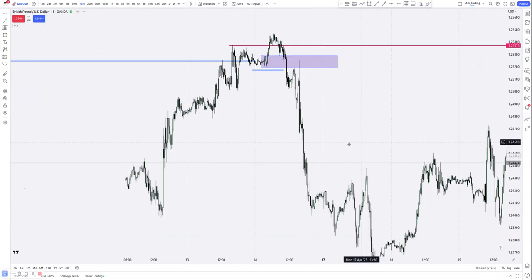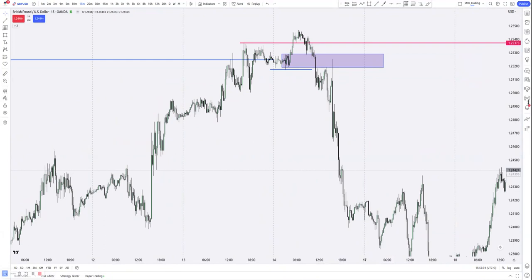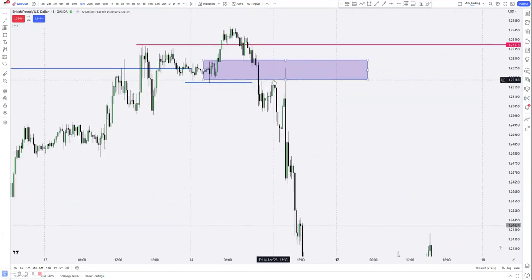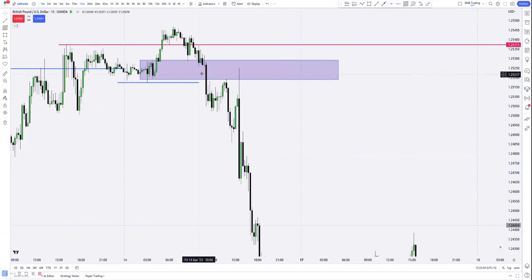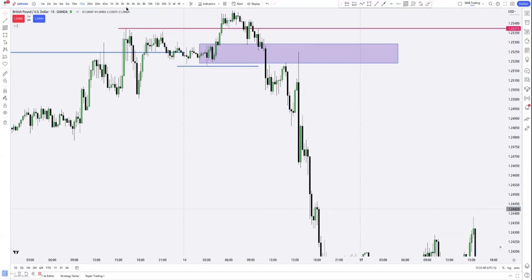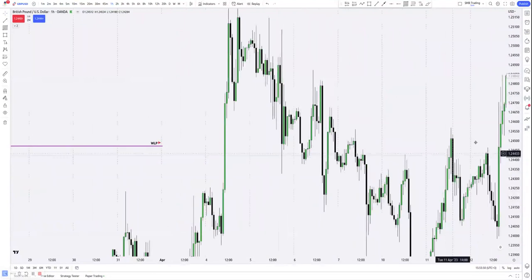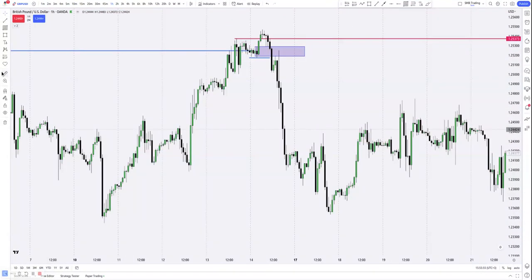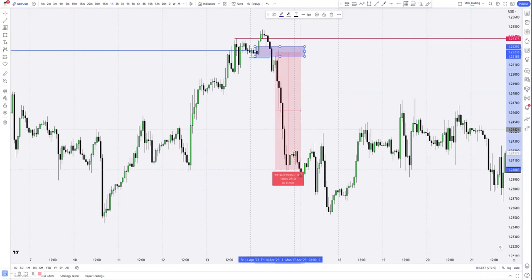M15. Price, yeah, we didn't touch the breaker, but because of news, price sparked in the breaker, which had imbalance. Look at this imbalance right here. And then price sold for about 120 pips.